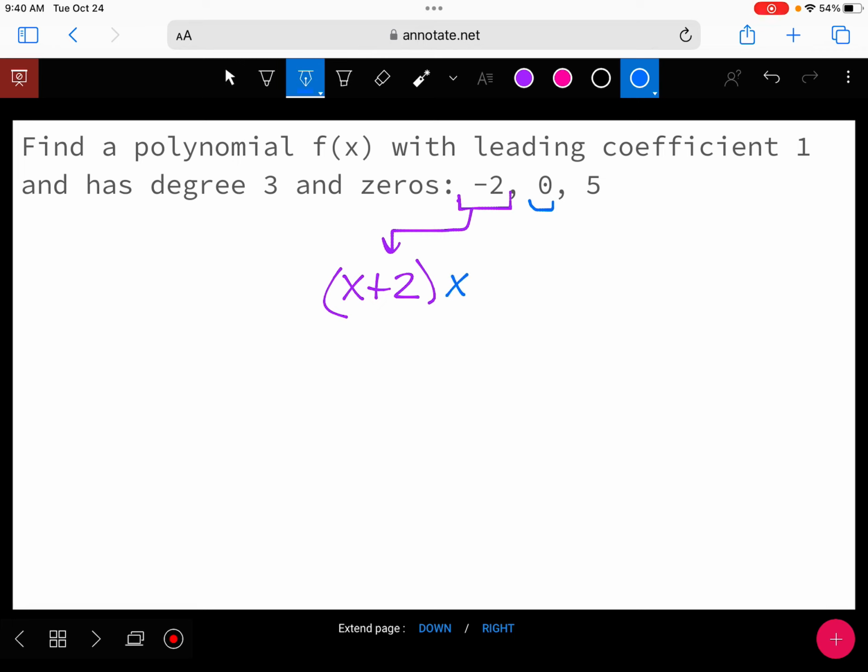Yeah, it's just x, or x plus 0. How do I write a factor that has a root of 5? x minus 5. If it has a leading coefficient of 1, I'm going to have a 1 here. f of x equals.